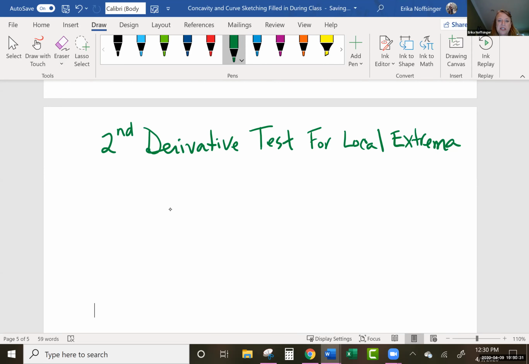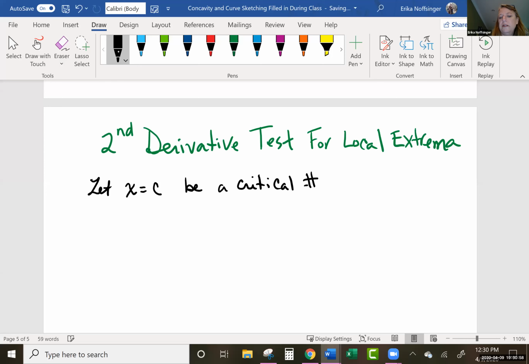Okay, so we're using the second derivative test to find out if a critical number is actually going to be a maximum or a minimum. And so what you want to do, so let's say, let x equals c be a critical number of f of x.